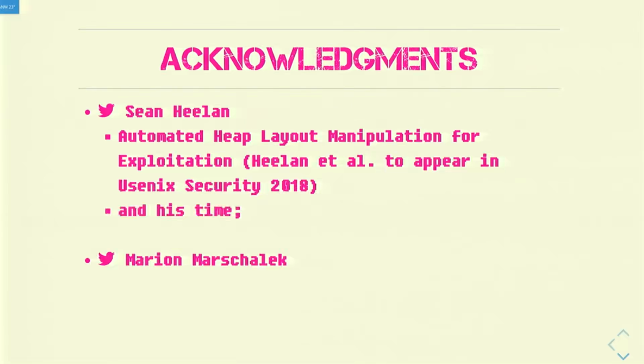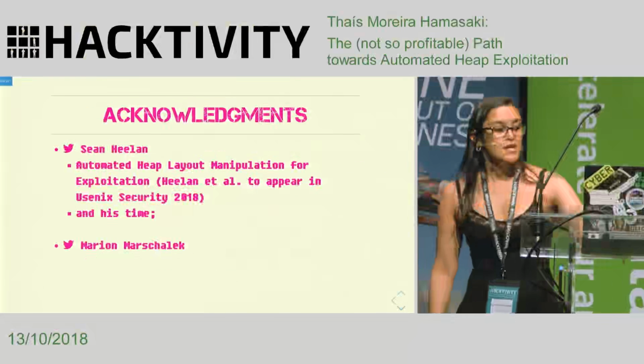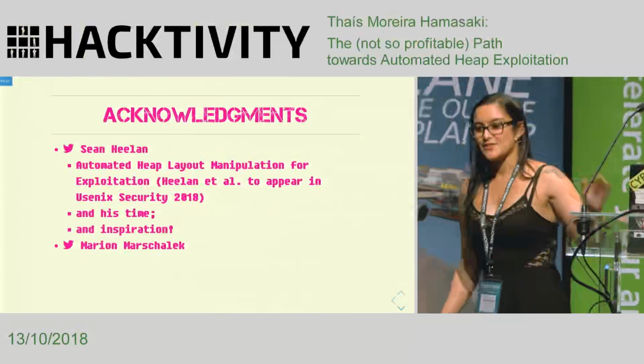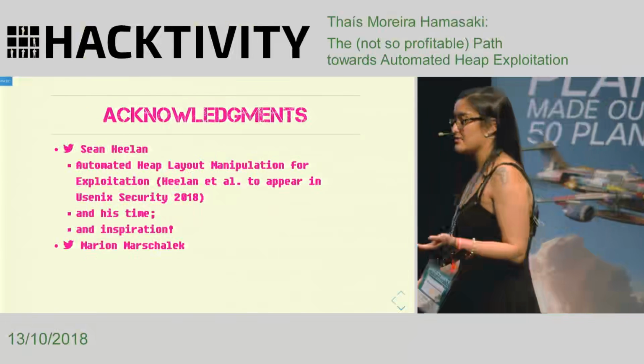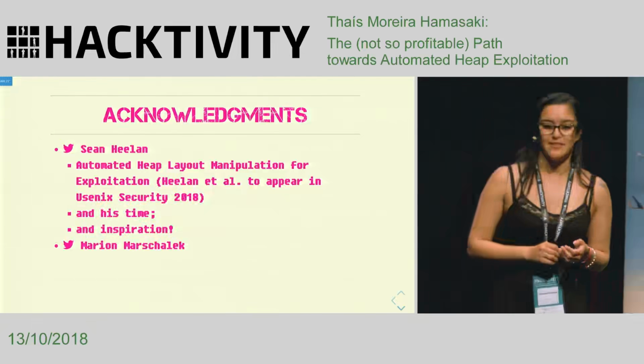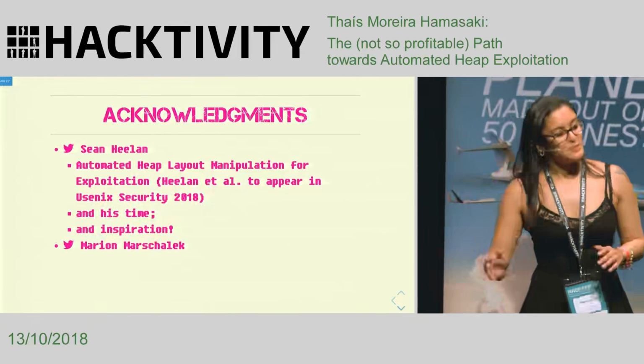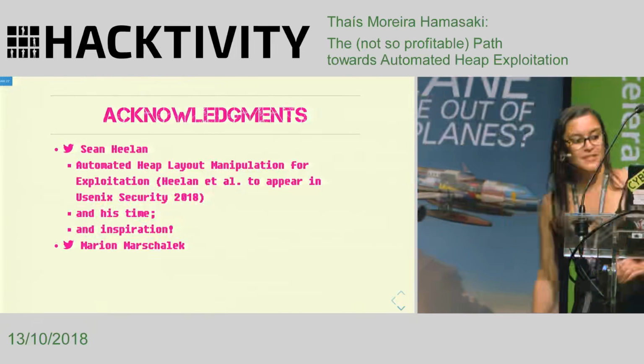I also need to thank him a lot for his time, because he takes lots of his time to discuss ideas and brainstorm with me, and also for inspiration, because sometimes, as I said before, I was like, okay, no one is doing that, that's probably stupid. And then I found these two guys, and I was like, okay, it's not completely stupid. Clever people are doing that too.